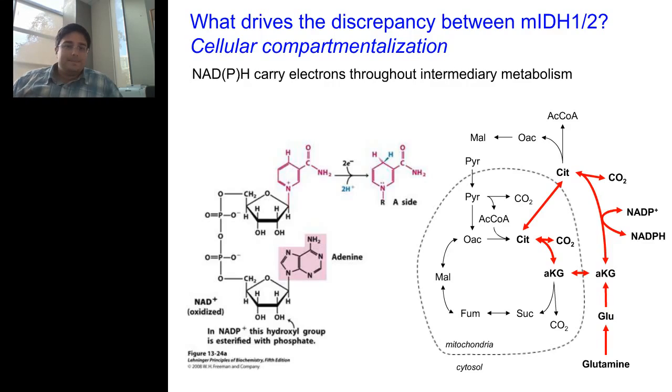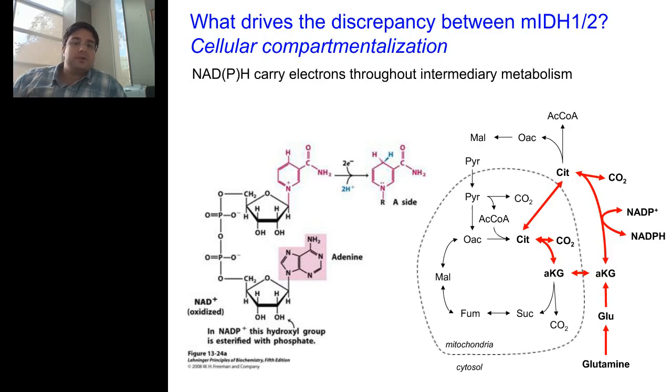So in addition to these central carbon metabolic pathways that I described before, pyridine nucleotides such as NADH and NADPH play an important role in carrying electrons orthogonally throughout the cell and help transfer energy across different pathways and between the cytosol and the mitochondria, though these pyridine nucleotides themselves are unable to be transported into the matrix.